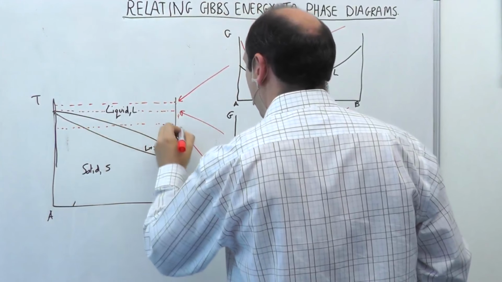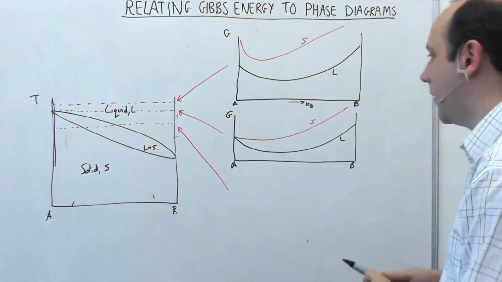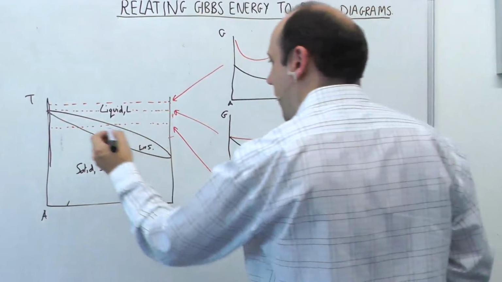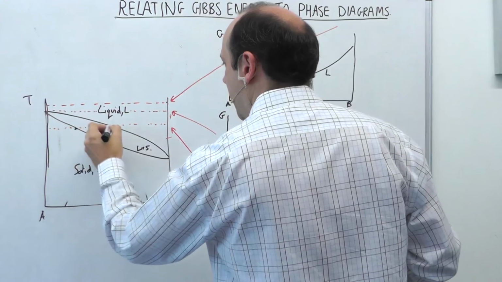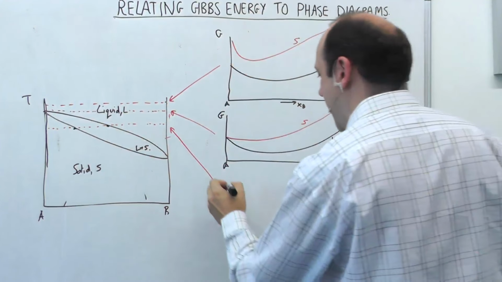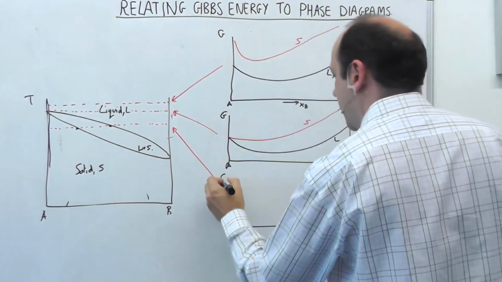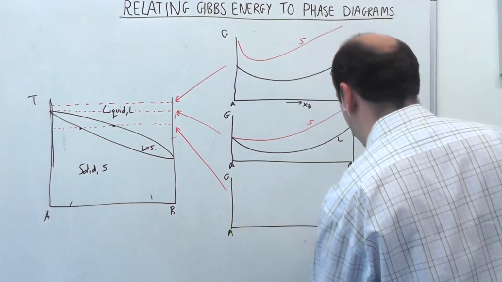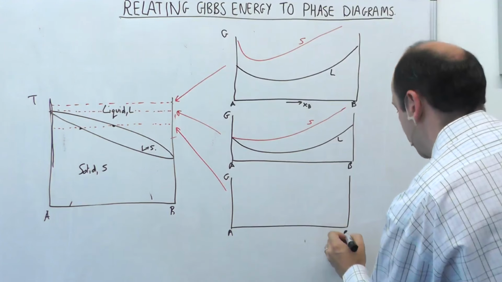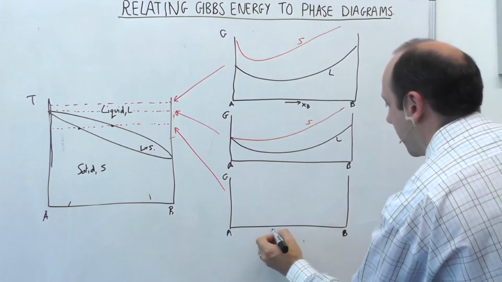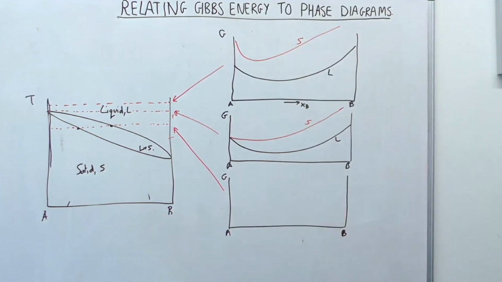When we come down into the two-phase region, we have a situation where the compositions of the stable solid and liquid are there. We have a Gibbs energy curve that will do something a bit like this. Pure B, and that's our fraction of xB again.